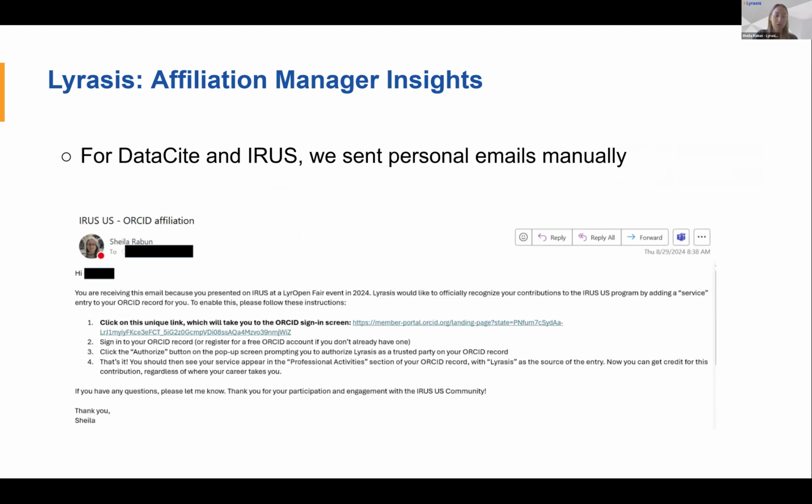So here's a screenshot of one of those emails. So people could recognize, they know who I am, so they're getting the email. And so that was more one by one because it was a smaller number of people. So we actually used both the mail merge template and also personalized one by one emails.